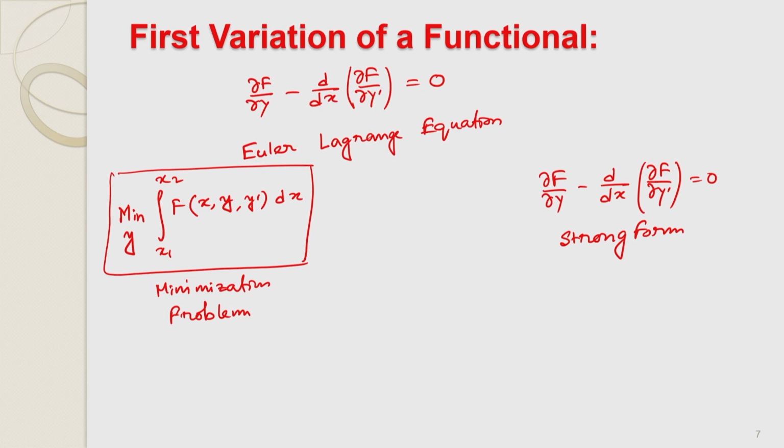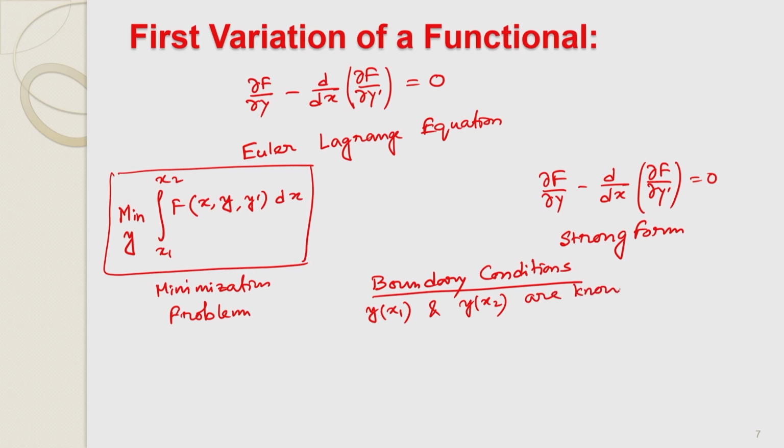Now, regarding boundary conditions, we started with the condition that y is prescribed at x1 and x2. This kind of boundary condition is called Dirichlet boundary condition.